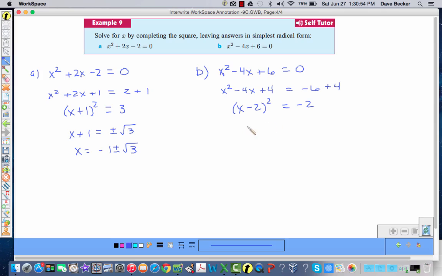So then we're going to take the square root of both sides. Oh, looky there. We have no solution, because there is no real solution for the square root of a negative number. All right, so no solutions exist.